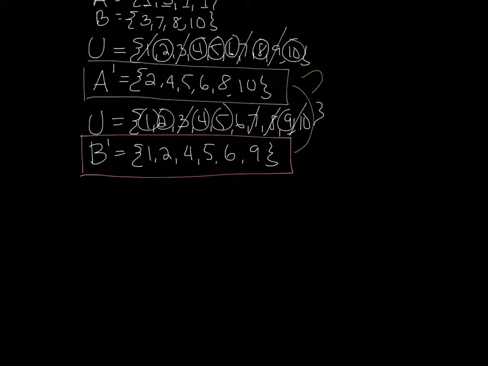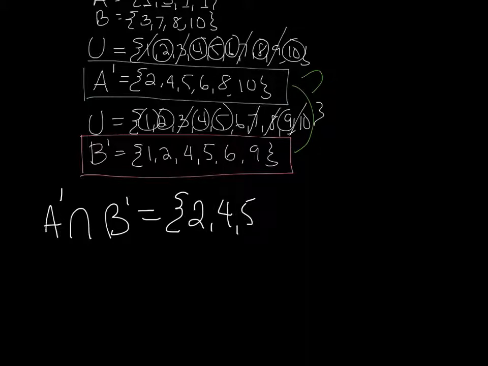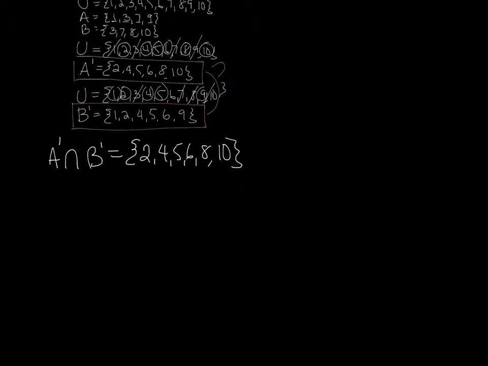So we found A complement, we found B complement, and now what's the intersection? When you're beginning, I encourage you to write this again: 2, 4, 5, 6, 8, and 10. So again, I'm going to make this smaller.